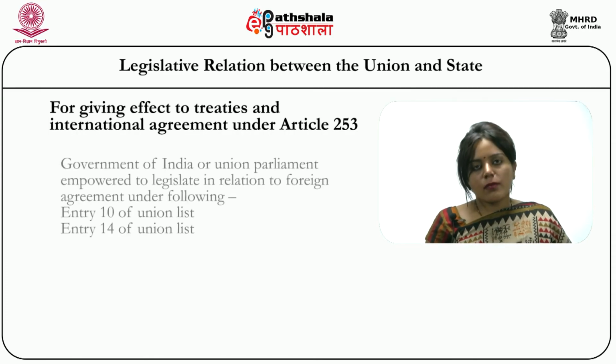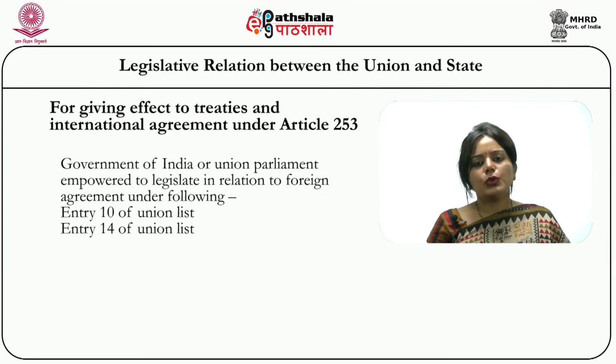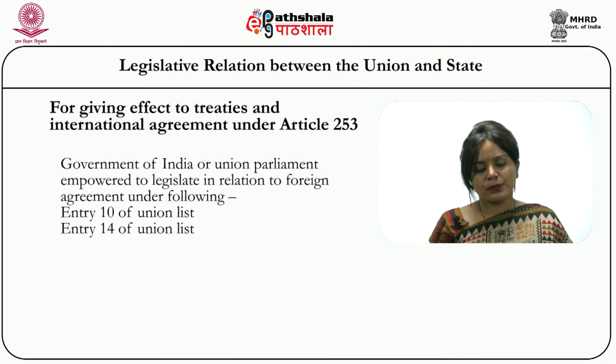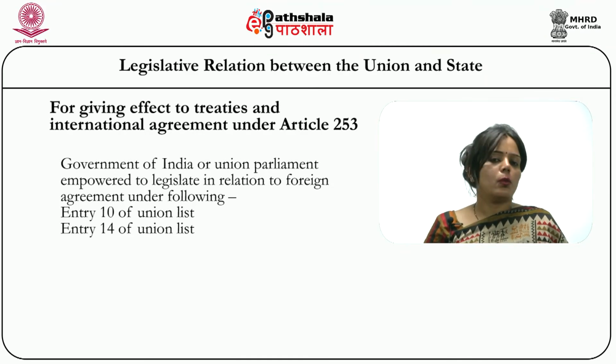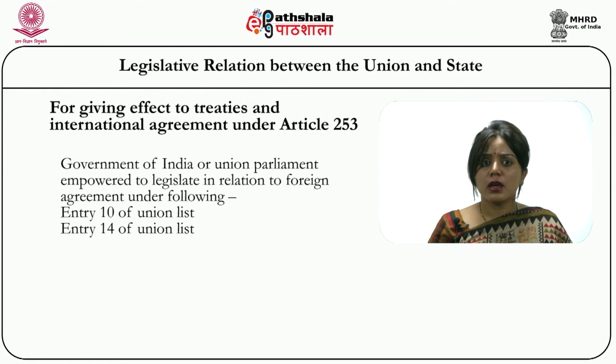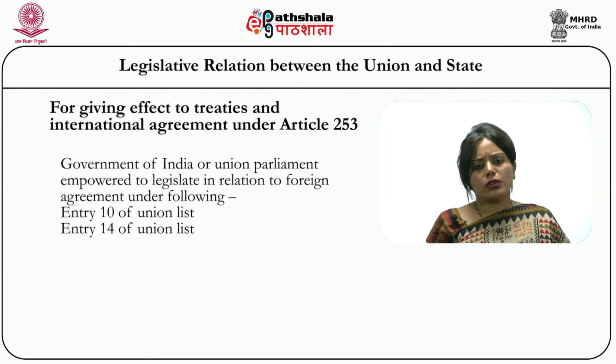Here again, the Government of India or Union Parliament is empowered to legislate in relation to foreign agreements under entry 10 of the list. That list is the Union list, and entry 14 of the Union list.